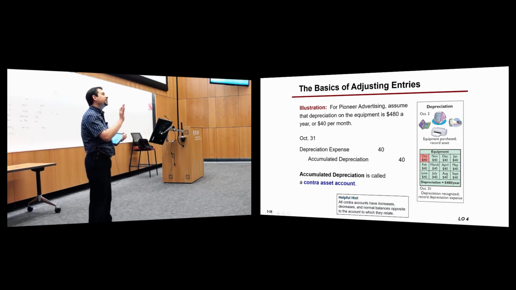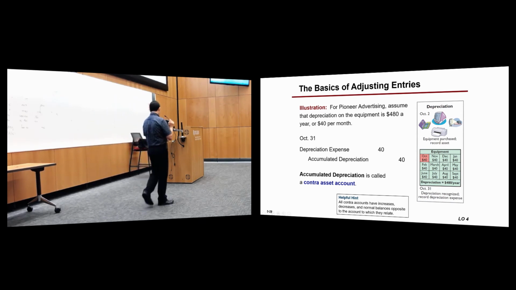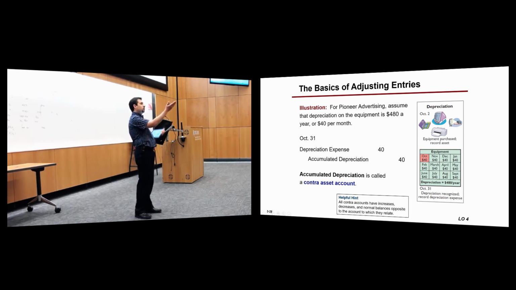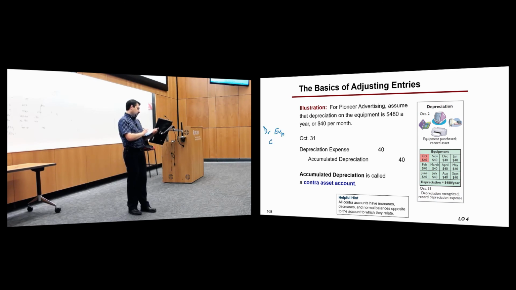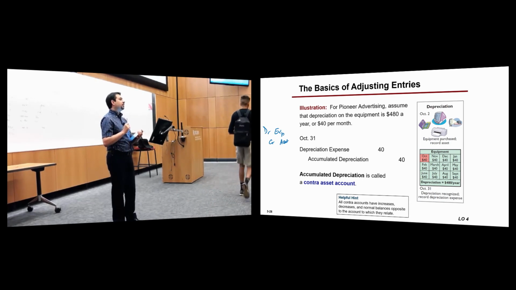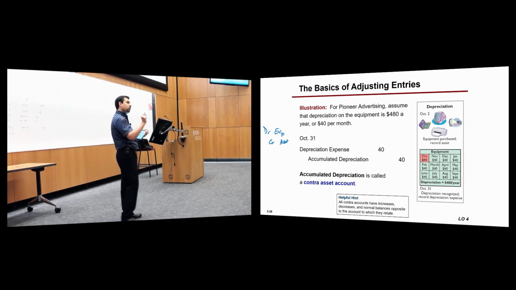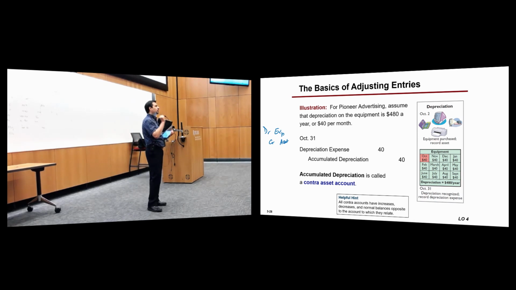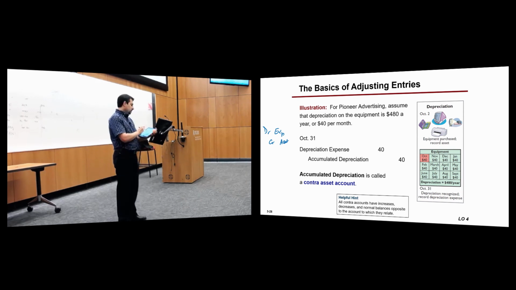What you would think originally, if we used it the same way we did with prepaid insurance or supplies, is to debit expense and credit the asset, right? That would actually violate the cost principle, because the company would not be recording the equipment at that value. So instead, let's leave this one alone, let's not touch it.